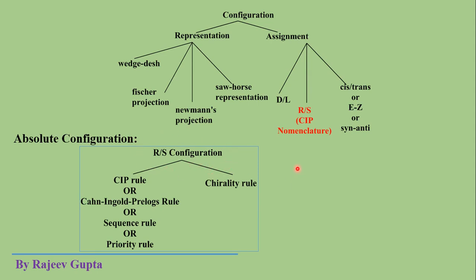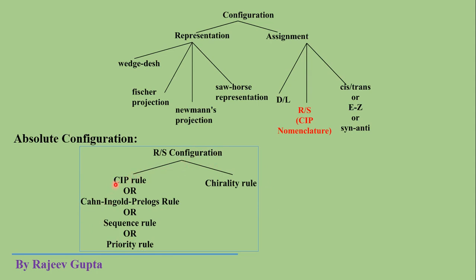So for one chiral center we get two types of configuration. One type of configuration will be assigned as R, capital R, and the other configuration will be assigned as S. That depends on these rules, which are CIP rules, coming under CIP nomenclature.